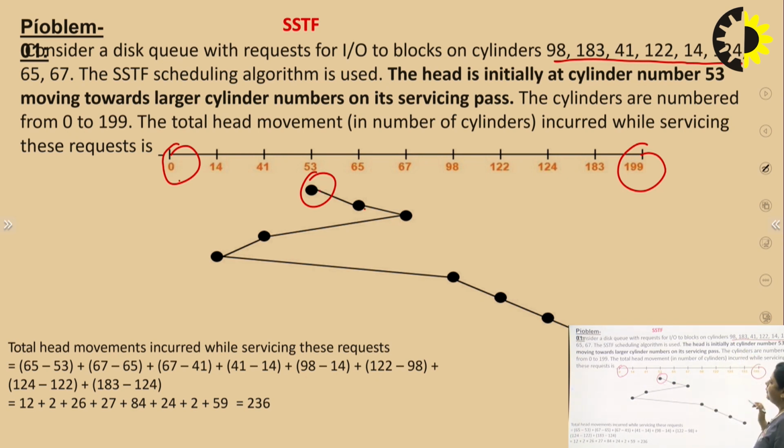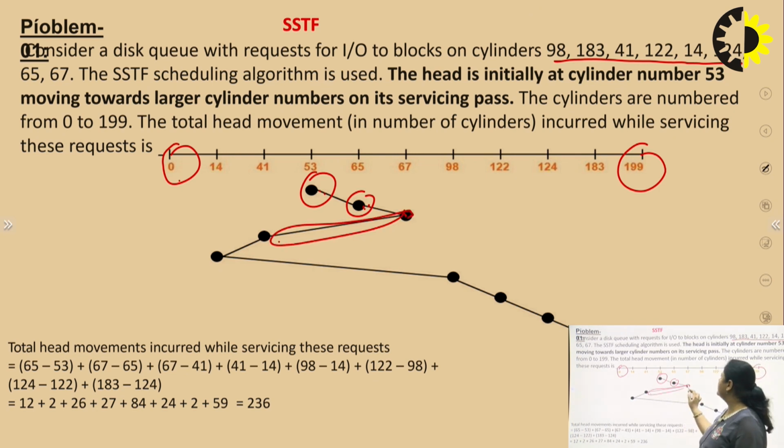First of all, it measures the minimum distance between two heads. 65 is the nearest point to 53. So it goes 53 to 65, 65 to 67, and 67 to 41.